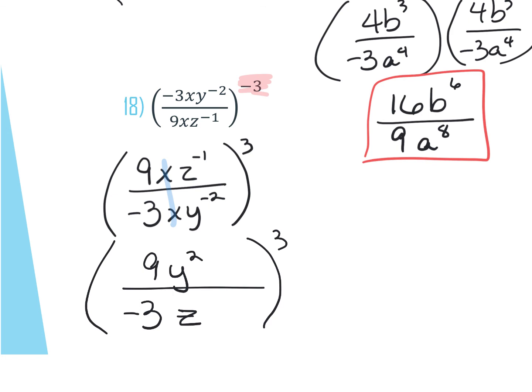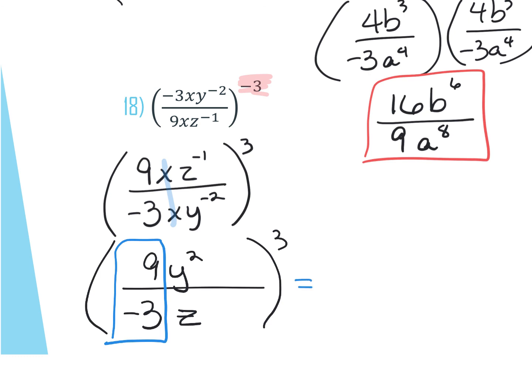And now I can apply the cubed, or the third power. So now I'm going to go ahead and I can also simplify the 9 over -3. Let me go ahead and do that as well.